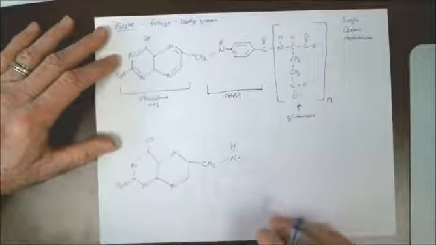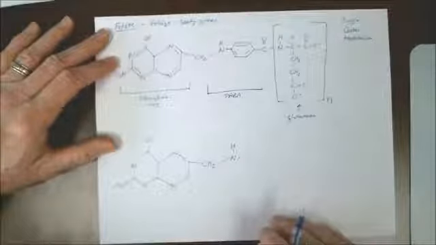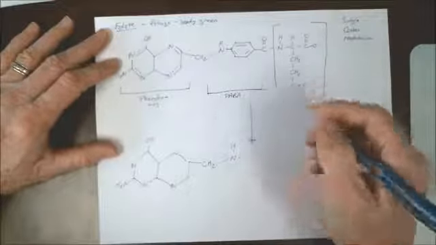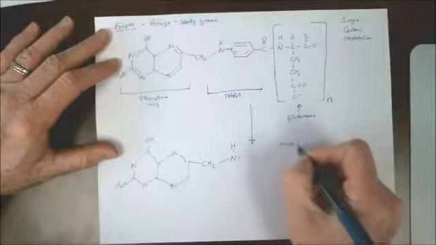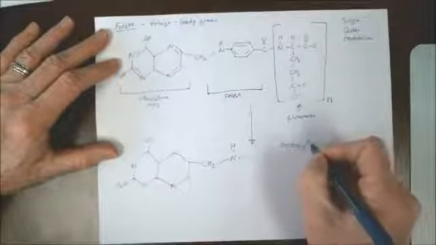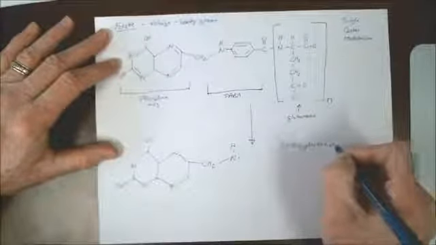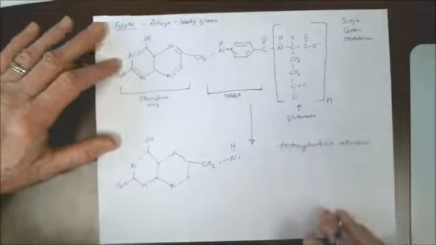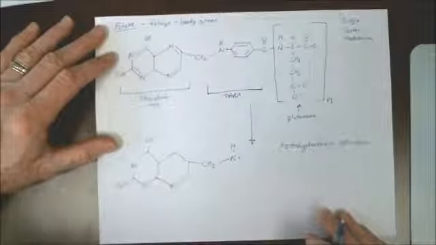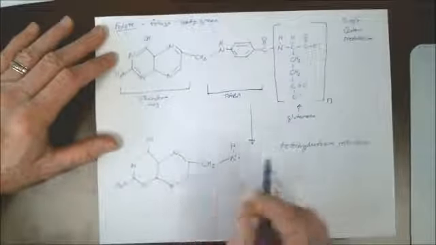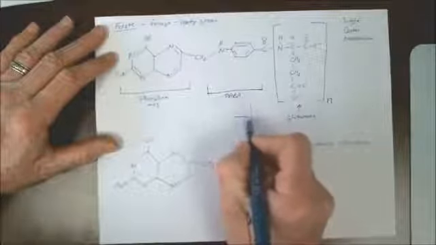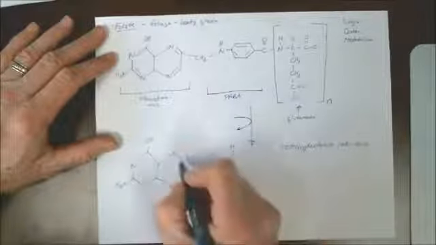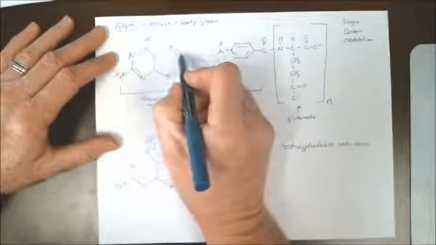The folate needs to be transformed into something that we really need, and this is going to be transformed by an enzyme called tetrahydrofolate reductase. Tetrahydrofolate reductase is inside our cells, and we are able to take the folate and undergo two successive redox reactions in order to reduce these nitrogens here, this carbon.